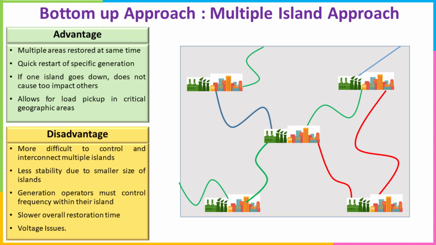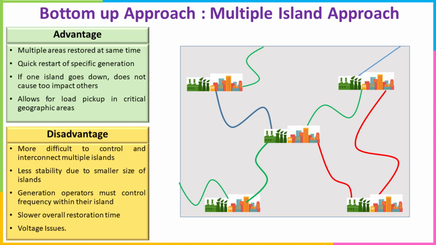Disadvantages are also there. It is more difficult to control and interconnect multiple islands. You have multiple islands, then you need to be very cautious, because you have to maintain the load generation balance in all the islands at the same time. And you have to interconnect, so you have to synchronize these two islands.